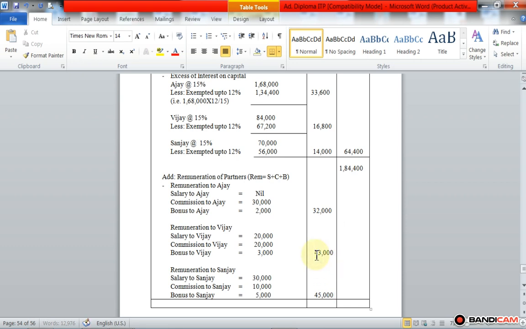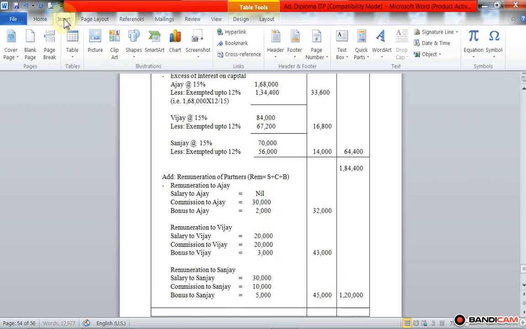Then make a total of remuneration, that is 32,000 plus 43,000 plus 45,000, which is equal to 1,20,000, the total remuneration.